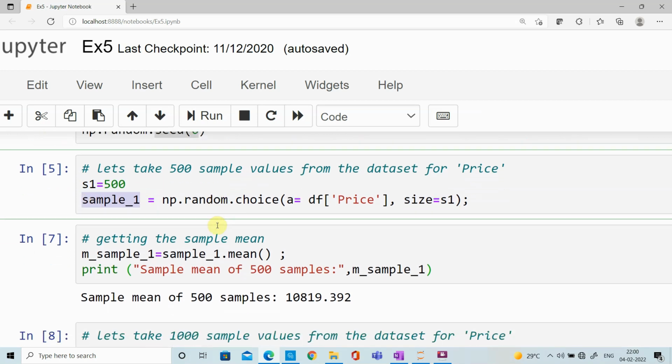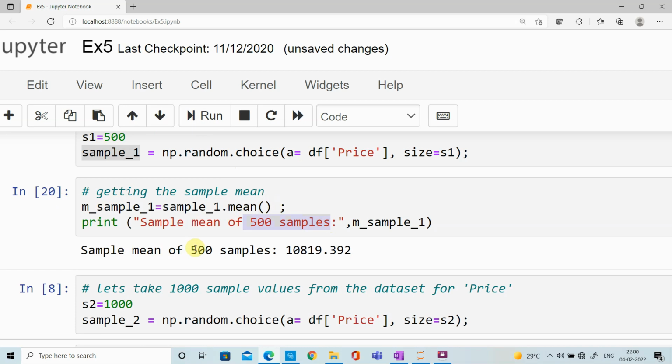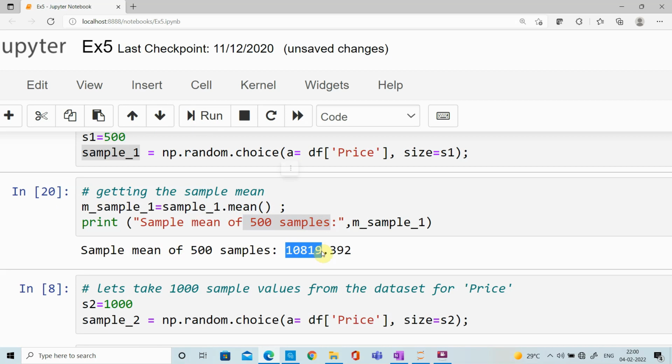After that, you need to calculate the sample mean. You already know that the mean function is available in the data frame, so just call the data frame's mean. It will give the mean value of the 500 samples. If I run it, I get a sample mean of 10819.